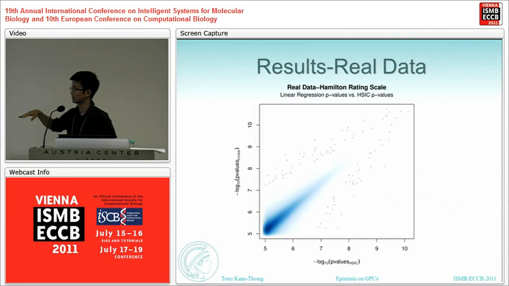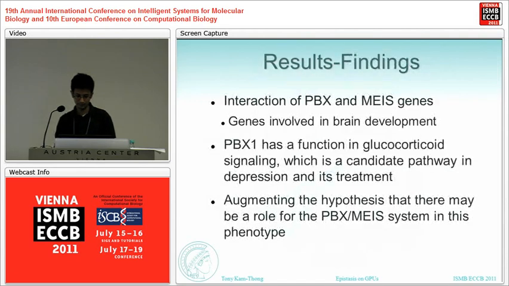And here we're plotting the HSIC p-value versus the linear regression p-value obtained from FastEpistasis. Not as clean as simulation, but as you can see, in the area of interest, which are the high p-values in this case, they fit pretty well. We're pretty confident that we're not losing any significant pairs that are isolated by FastEpistasis.